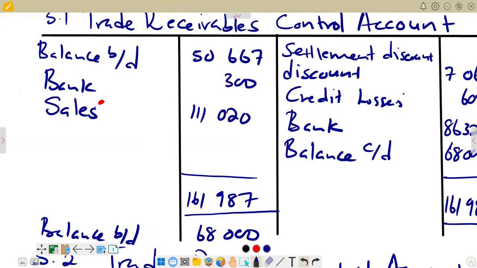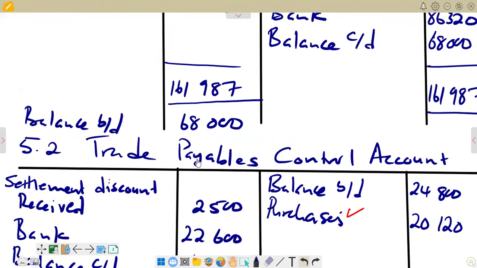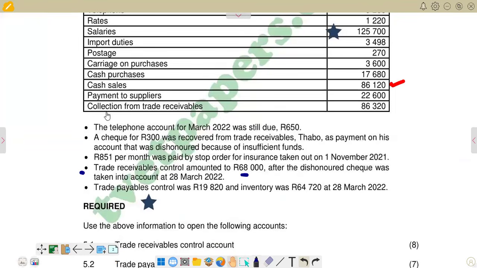So we can verify that figure. We go back to check it. We are saying the credit purchases figure is 20,120. So we are going to add it to the cash purchases figure that we have in the question. If you come here, you see that cash purchases is here, and we've got 17,680. So we add the figure for credit purchases, then we get our total purchases.